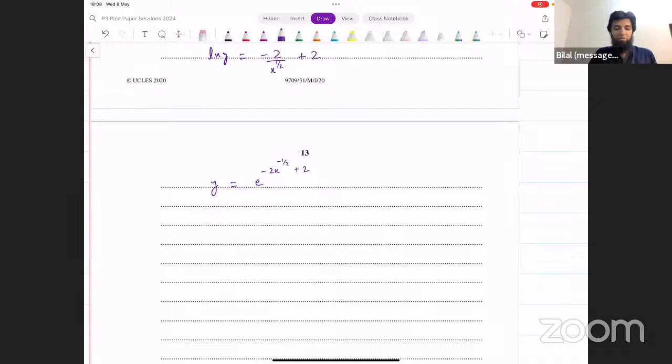That is y in terms of x. That is what we were looking for in this part. The base of ln is e, so that e goes to the other side and becomes the base of whatever you have on the right side. Makes sense?